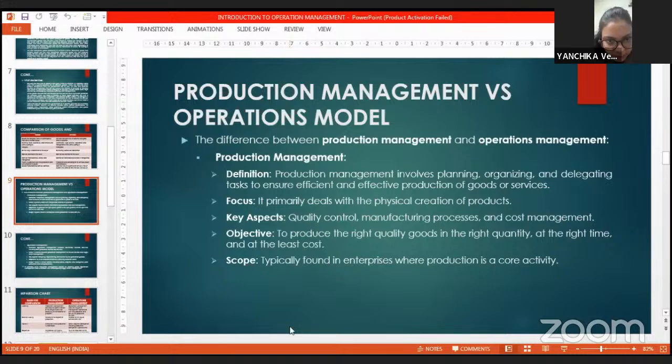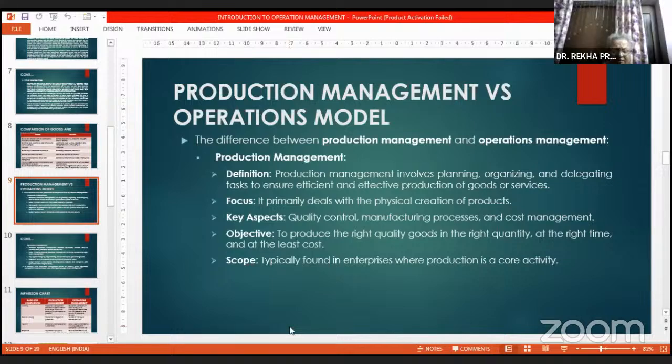Focus primarily deals with physical creation of products. Key aspects: quality control, manufacturing processes, and cost management. Objective: to produce the right quality good in the right quantity at the right time at least cost. Scope: typically found in enterprises where production is a core activity.